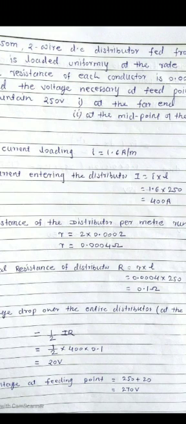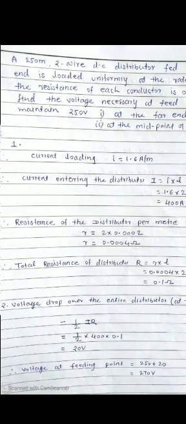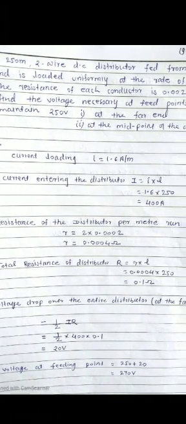So this is the given data. Let's start finding the values. Take the current loading small i equal to 1.6 ampere per meter.